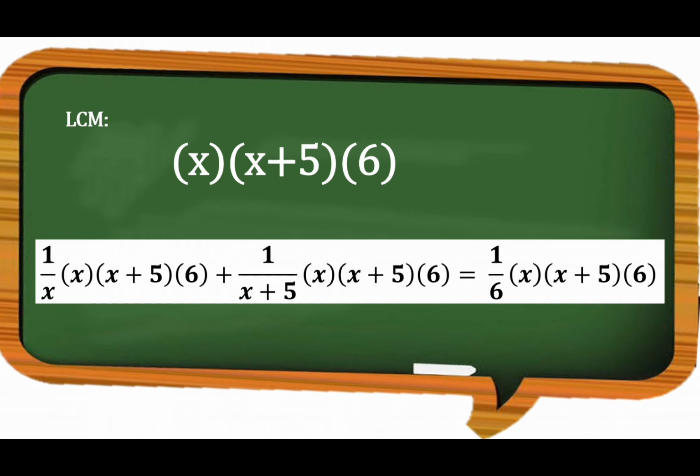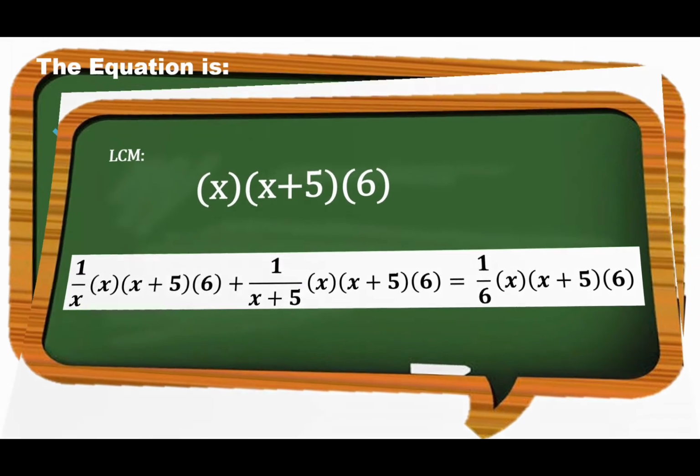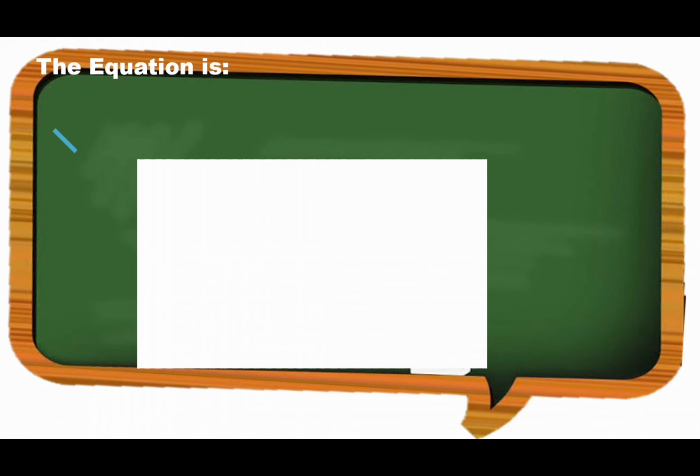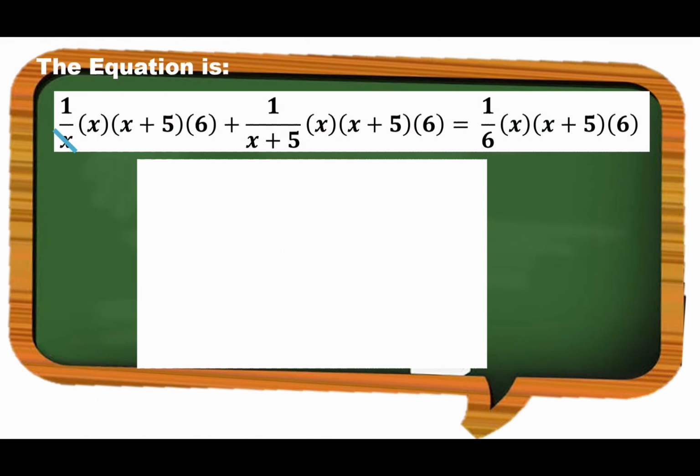Multiplying both sides by the LCM, we got this equation. Now, let us cancel out the common terms. The next one is, we're going to apply the distributive property.